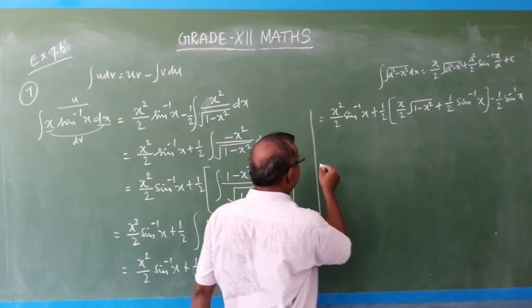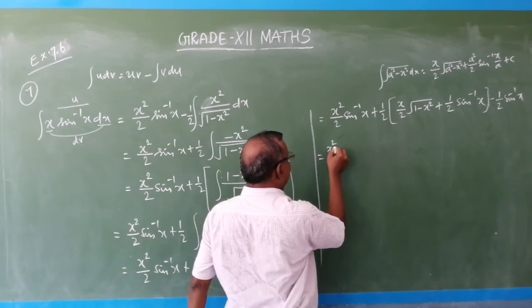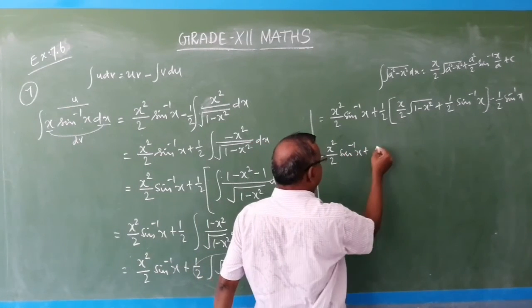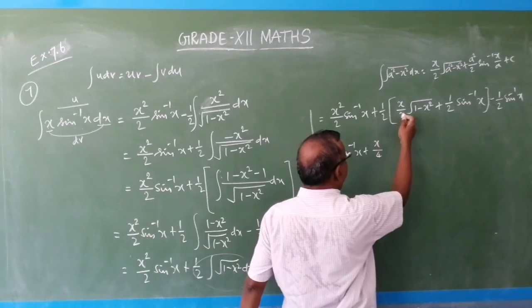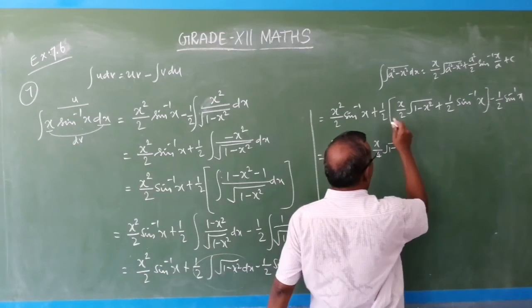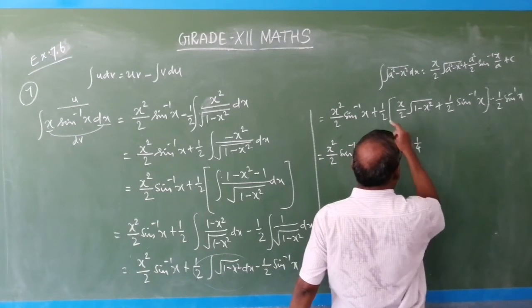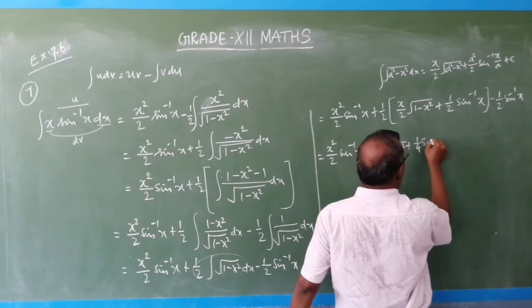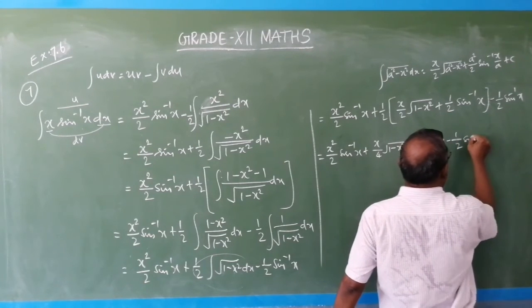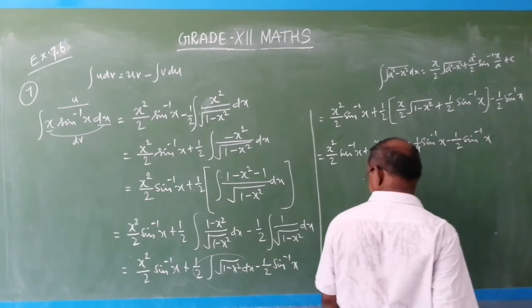Now, expanding this, this is x square by 2 into sin inverse of x plus x by 4 into root of 1 minus x square plus 1 by 4, that is 1 by 2 into 1 by 2, into sin inverse of x, again minus 1 by 2 into sin inverse of x.